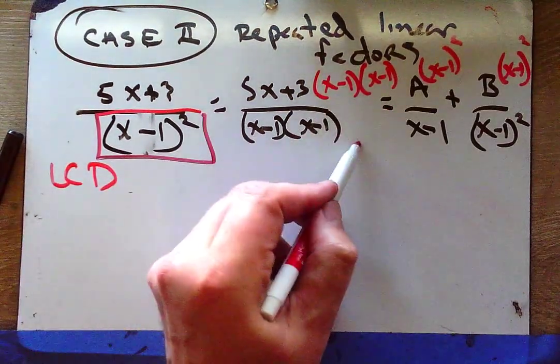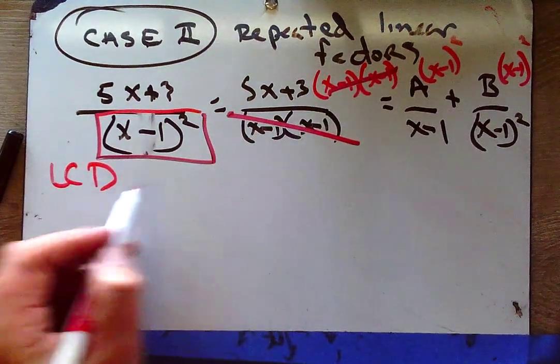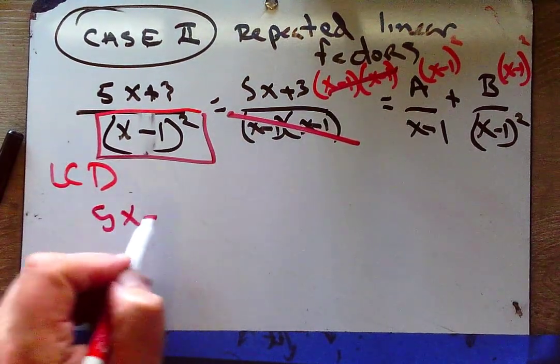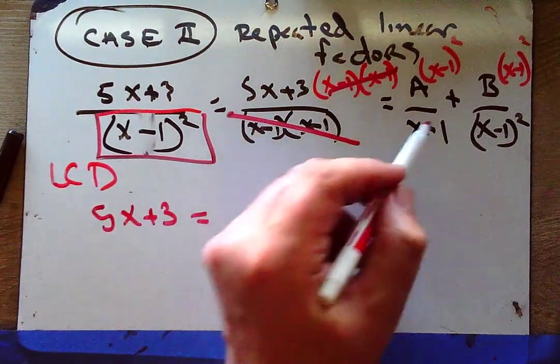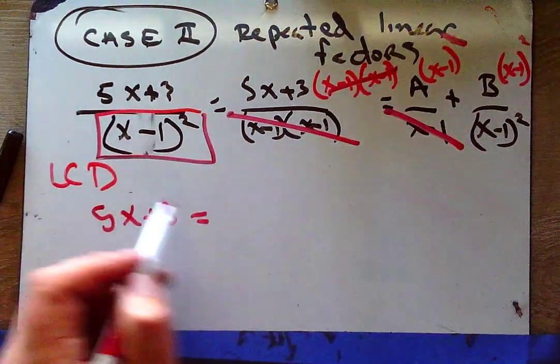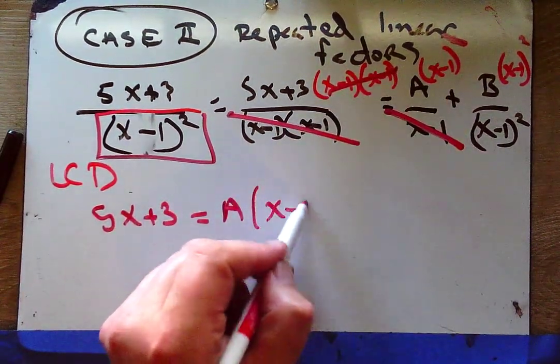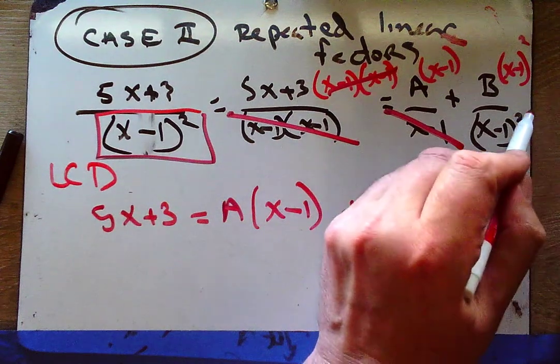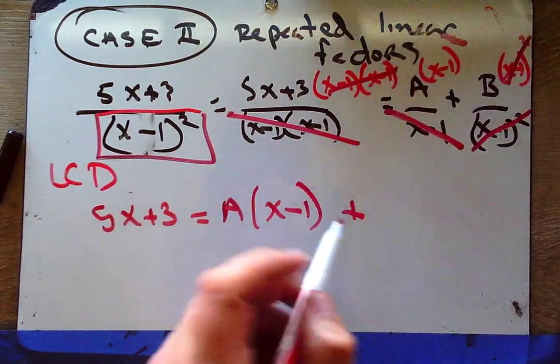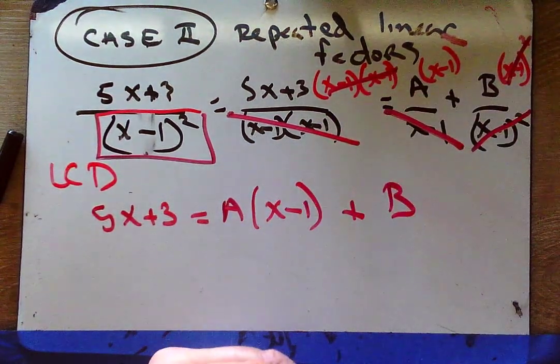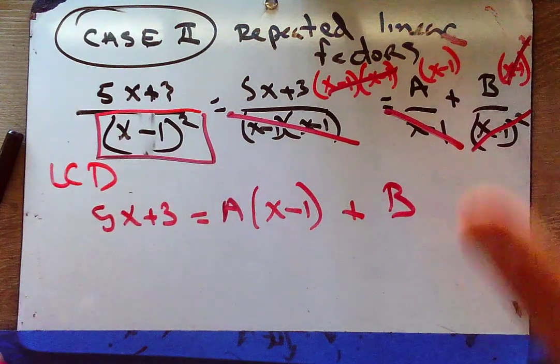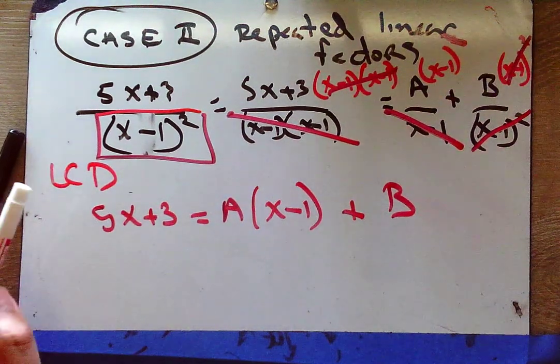And when I do, these go away. 5x plus 3. This cancels one of those, ax minus 1, plus these cancel all of these, b. And again, we can think about using magic numbers here.